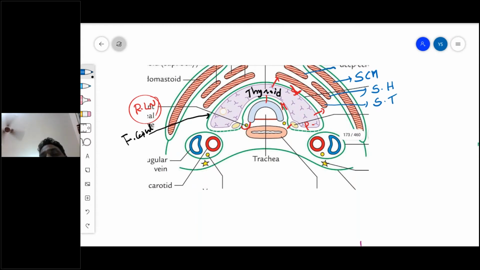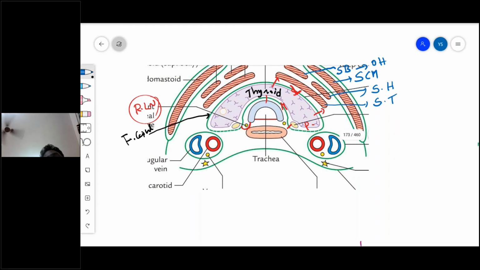And this one, superior belly of omohyoid. In total, we can see the four muscles: sternocleidomastoid, sternothyroid, superior belly of omohyoid.